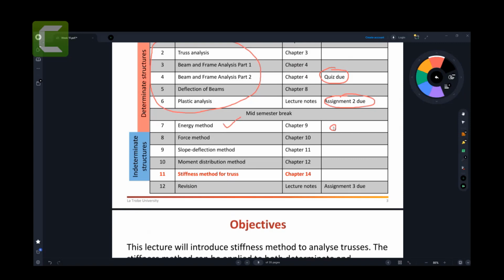Question 1 of your assignment 3 is from the energy methods. The second question is from the force methods. Question 3 is from the slope deflection method, and question 4 is for the moment distribution method. The final question for your assignment is coming from this week, which is question number 5.